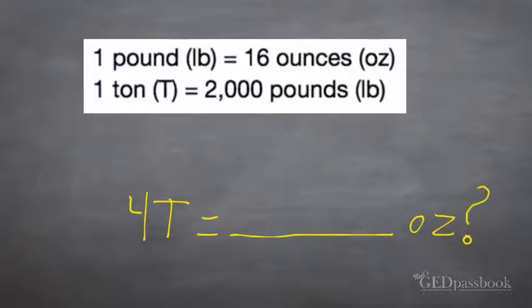How many ounces are in 4 tons? So obviously there's no little section here that says for every 1 ton there is who knows how many ounces. That's our job to figure it out. What we got to do is figure out, first of all, how many ounces there are in 1 ton. So do we remember how to do that?